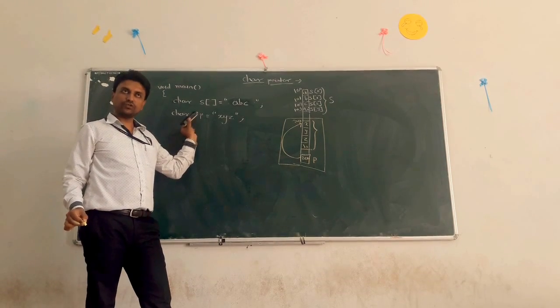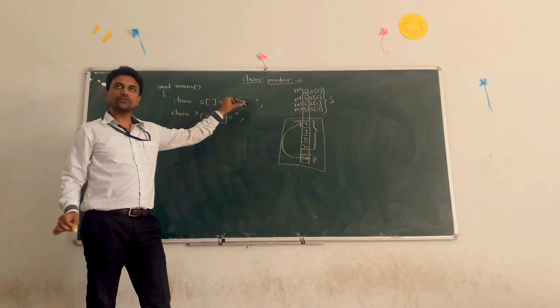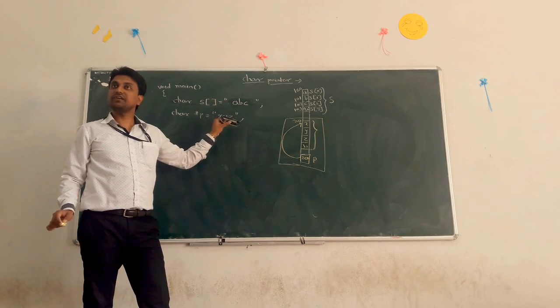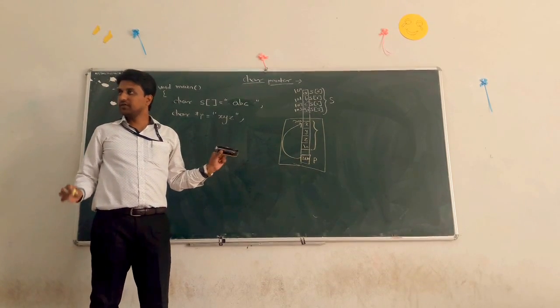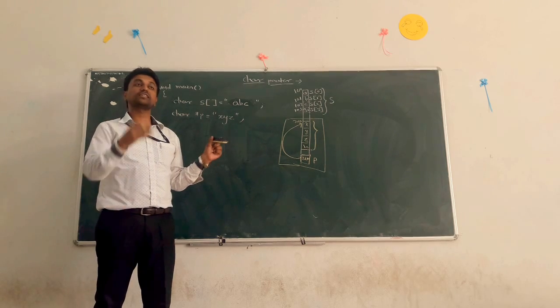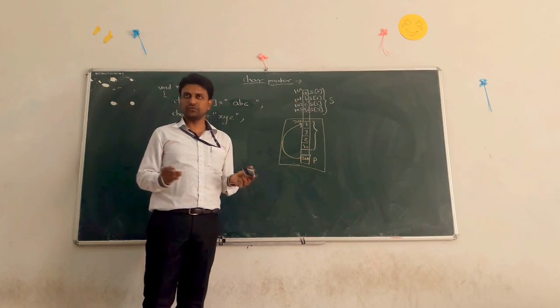Using a character pointer we can initialize the string, and using a character array we can also initialize the string. These are the two different ways to initialize a string. Both are advantageous in their particular examples; in a particular example, this is useful or that is also useful.